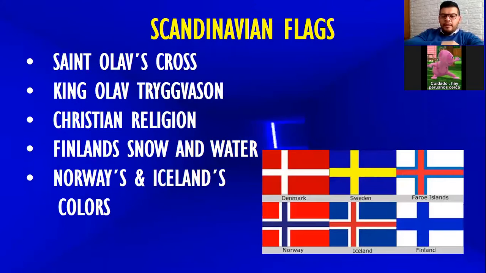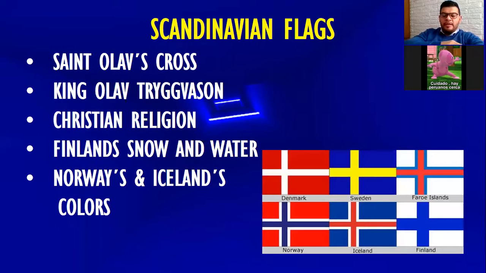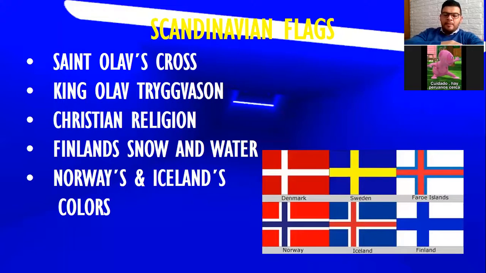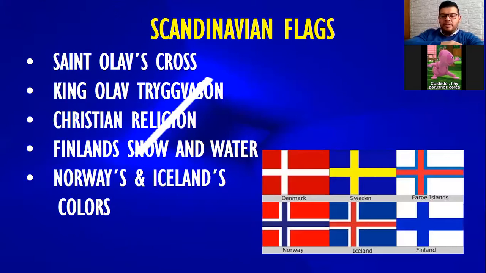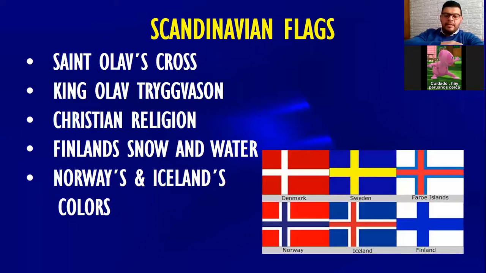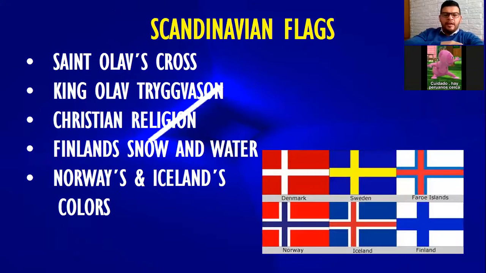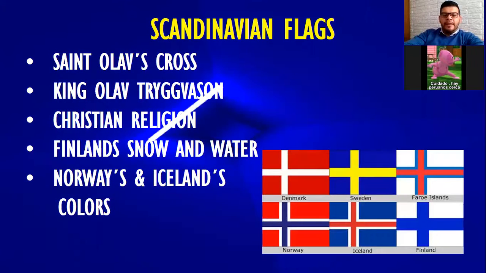But if you notice, the Iceland flag has the same colors that Norway has, but in a different position. Instead of having mostly red, the Iceland flag has blue, and the same case happens with Norway. So these flags look the same because they have the St. Olaf's cross.